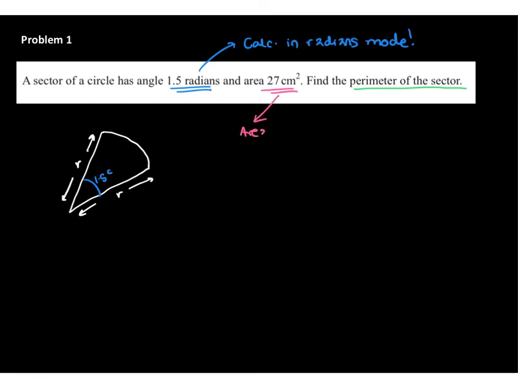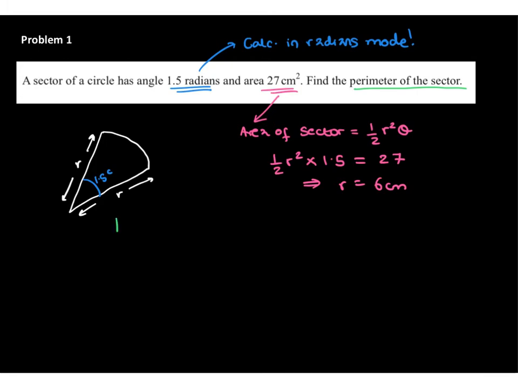So we know that the area of the sector can be calculated using the formula a half r squared multiplied by theta. So I know that a half r squared multiplied by 1.5, which is the angle, is equal to 27. So rearrange this and work out what the radius is. And conveniently, the radius works out to be an integer value of 6 centimetres.